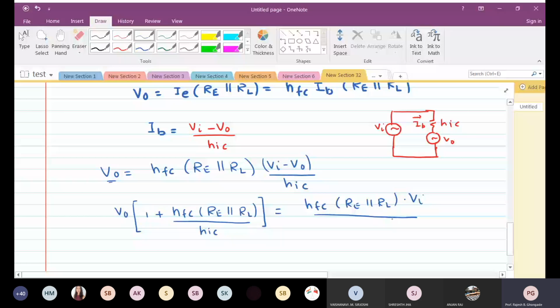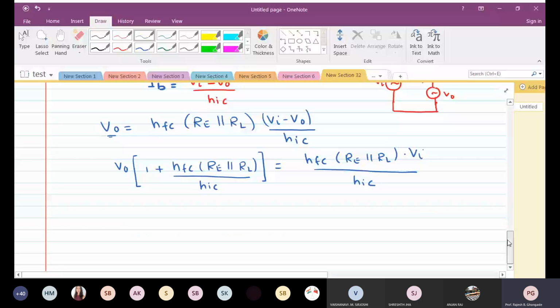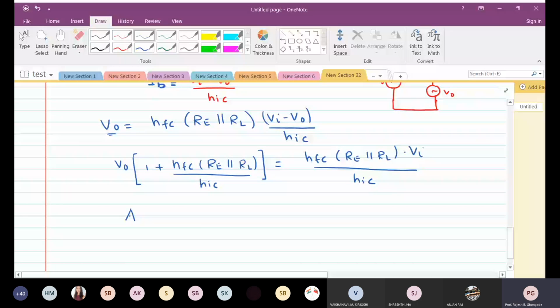Now I'll be in the position to have the desired ratio, which is AV, which is VO by VI, and that happens to be HFC into RE parallel RL.